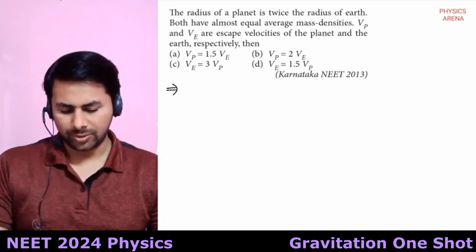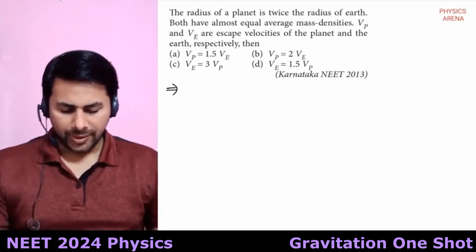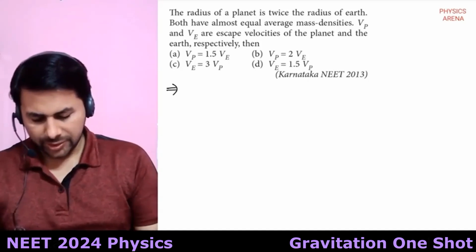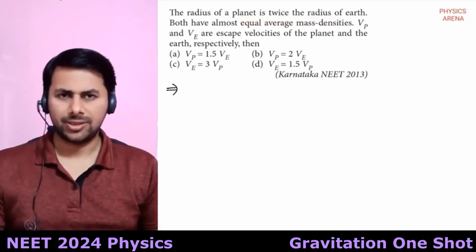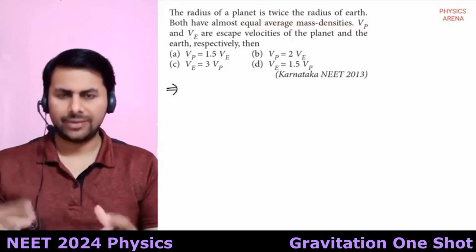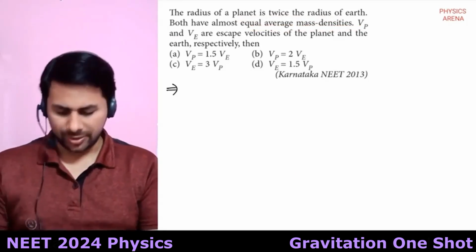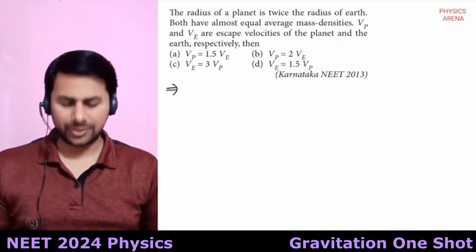See, what is given: the radius of the planet is twice the radius of Earth, and both have equal average mass densities. So density is equal, and you are asked to compare the escape velocities.